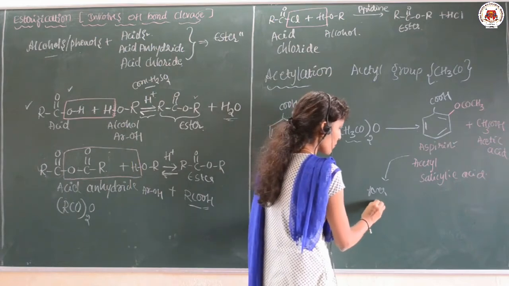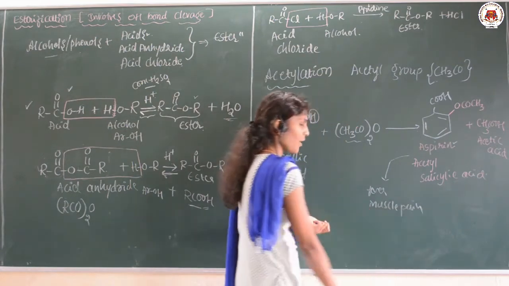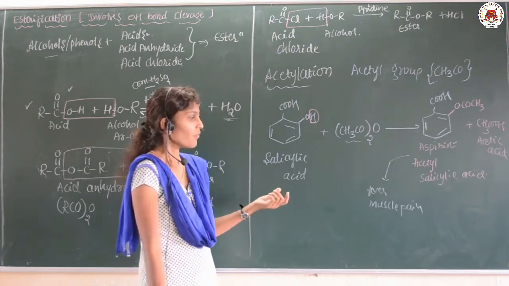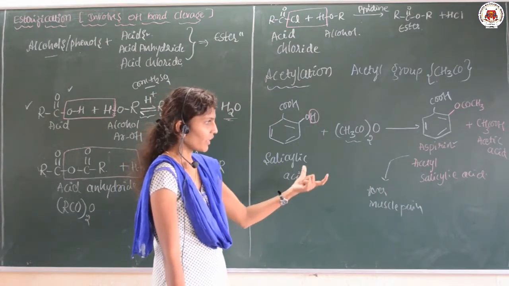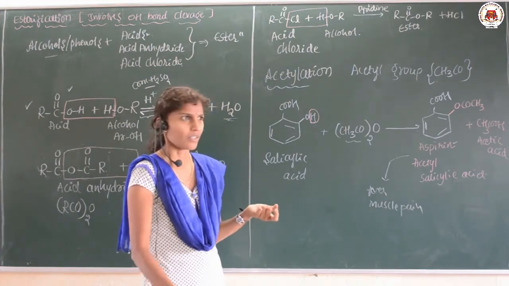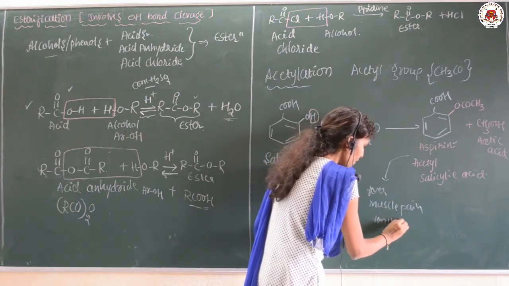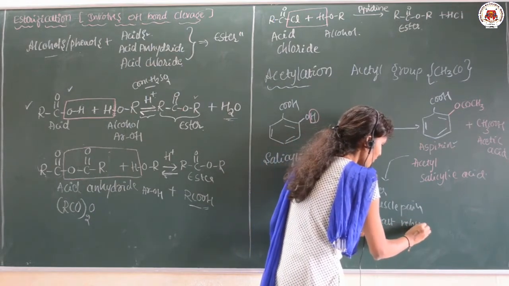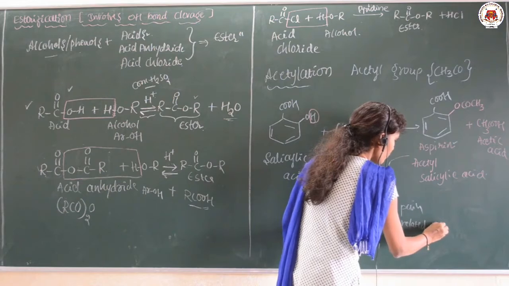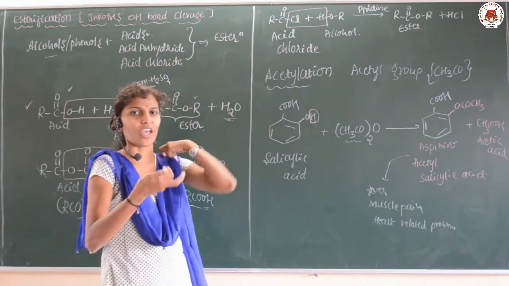Body pains, like muscle pain, can be reduced, and sometimes it also helps in the reduction of heart related disease. It will help cure heart related problems. Okay, so these are the applications of aspirin.